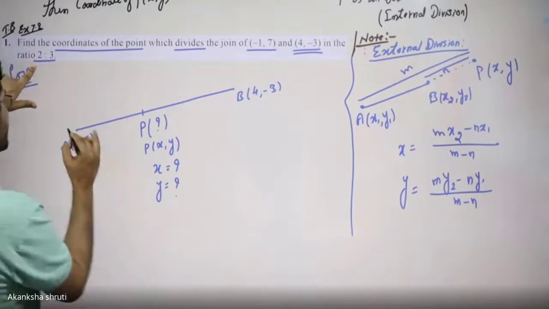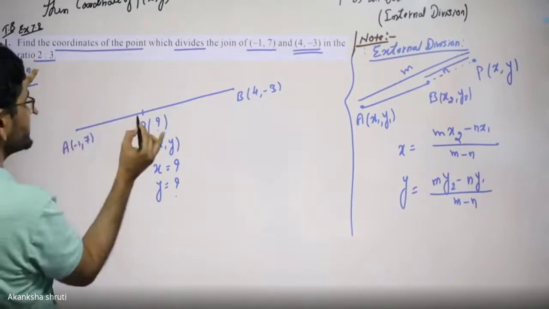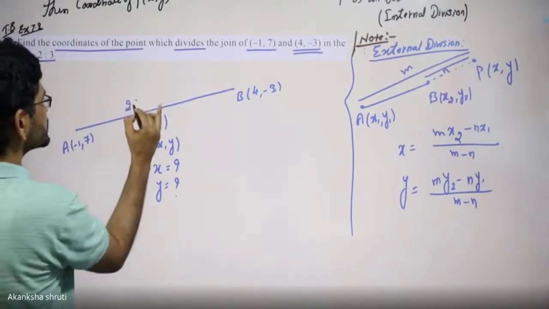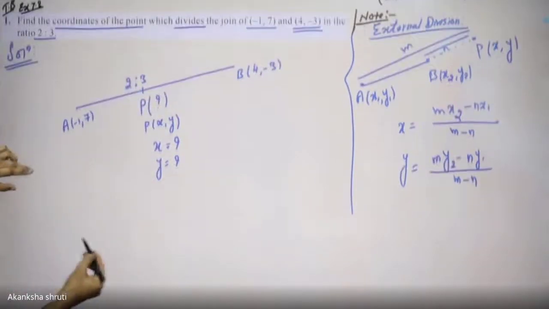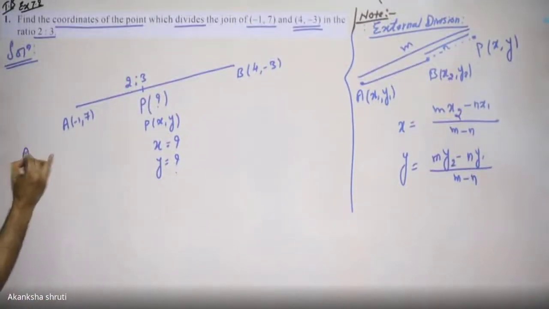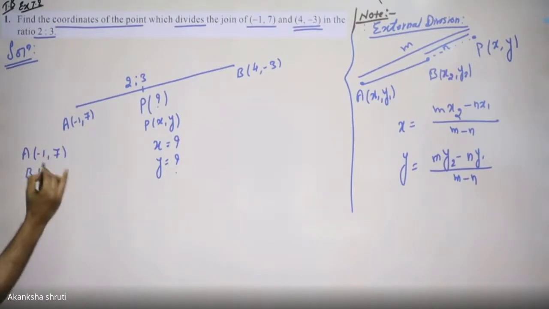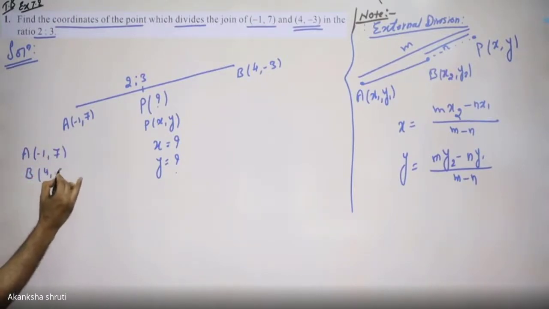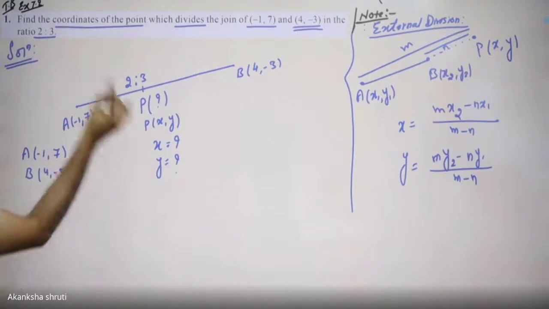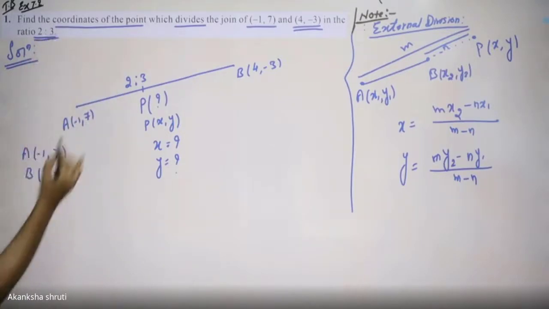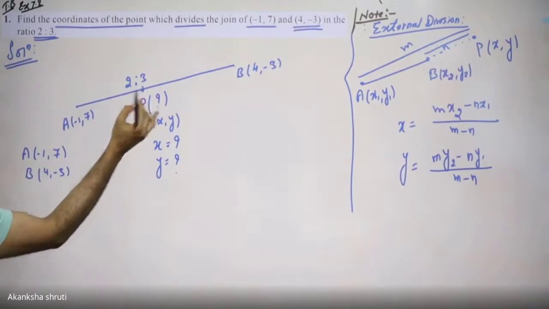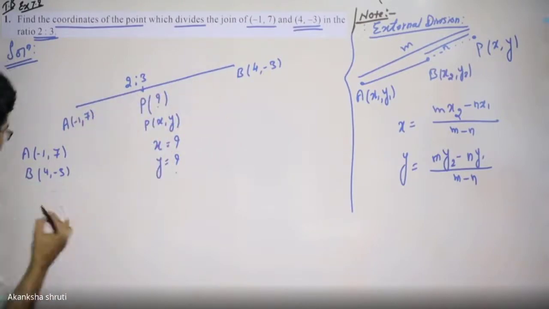Students, here it is given that this ratio is 2:3. Keep in mind what is given here: A is (-1, 7), B is (4, -3), and this ratio signifies the point P in between AB that we want to know.